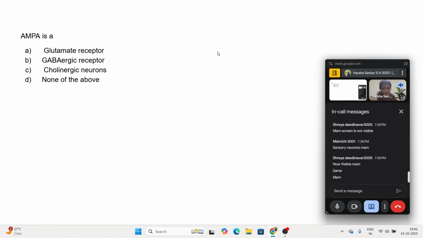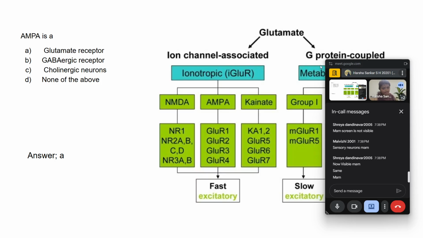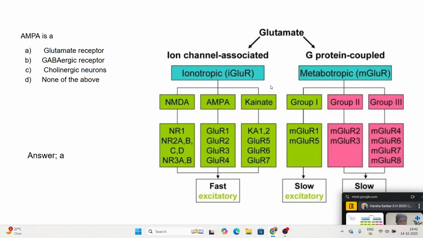It's a glutamate receptor. Remember, there are different types of glutamate receptors, channel associated and G protein coupled, but AMPA and NMDA come under ionotropic glutamate receptors, that is iGluR. So both NMDA and AMPA are excitatory in nature also.